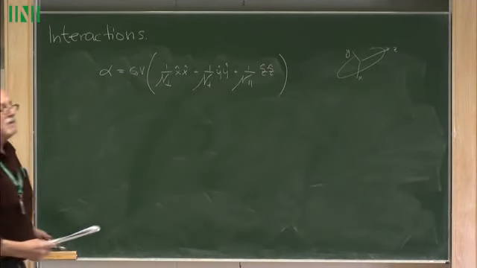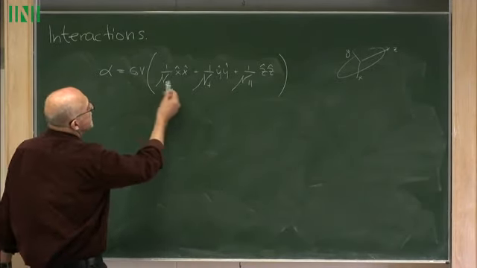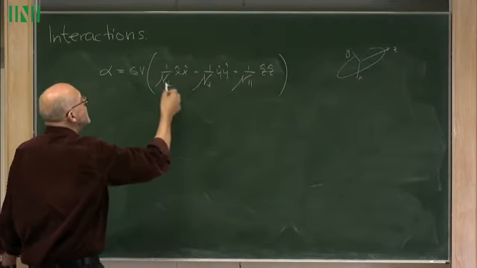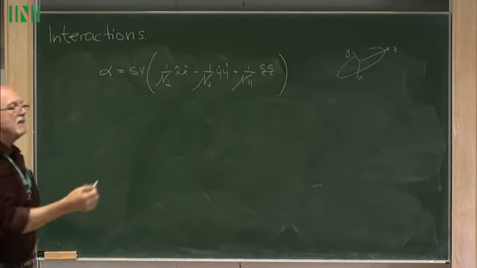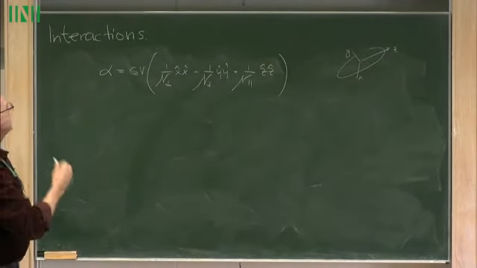So these are three principal directions, and these are the values of the demagnetizing factor tensor.